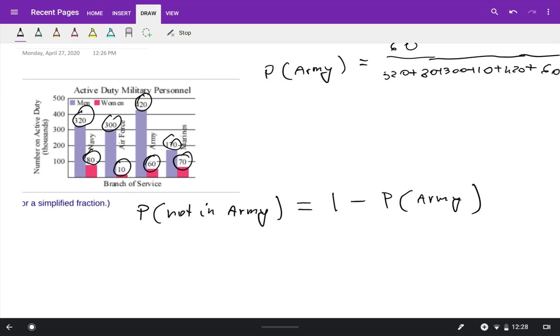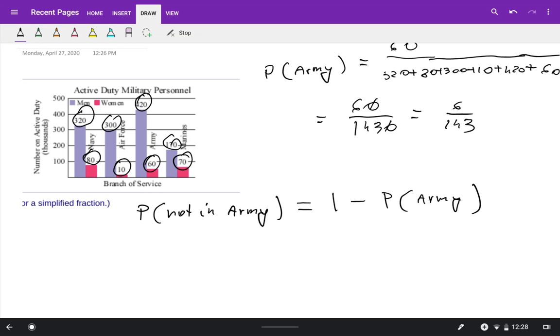So I have 320 plus 80 plus 300 plus 10 plus 420 plus 60 plus 170 plus 70. So we got 1,430. So the probability that I'm selecting somebody from the army is 60 over 1,430. We cancel the 0, so we have 6 over 143.